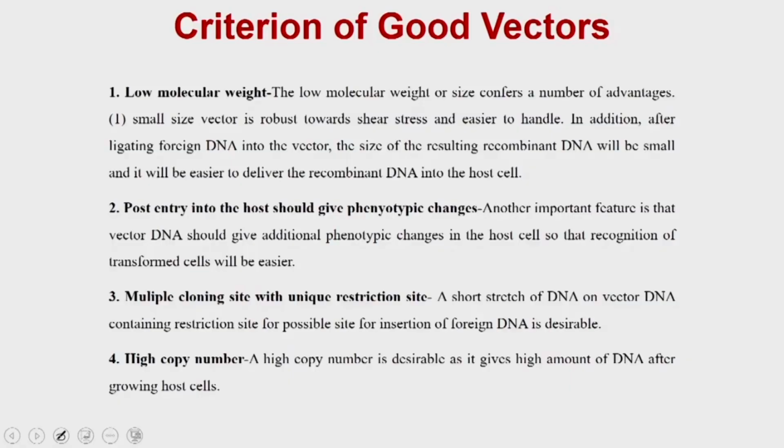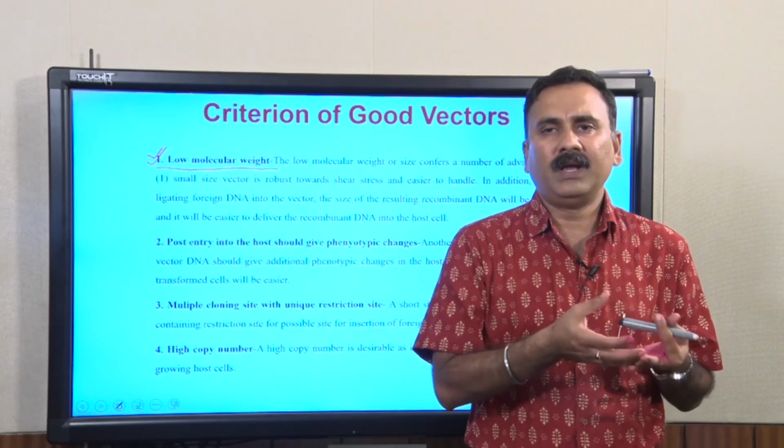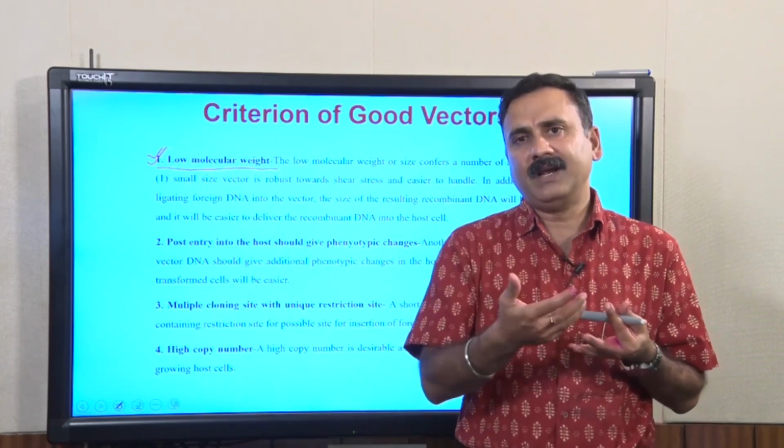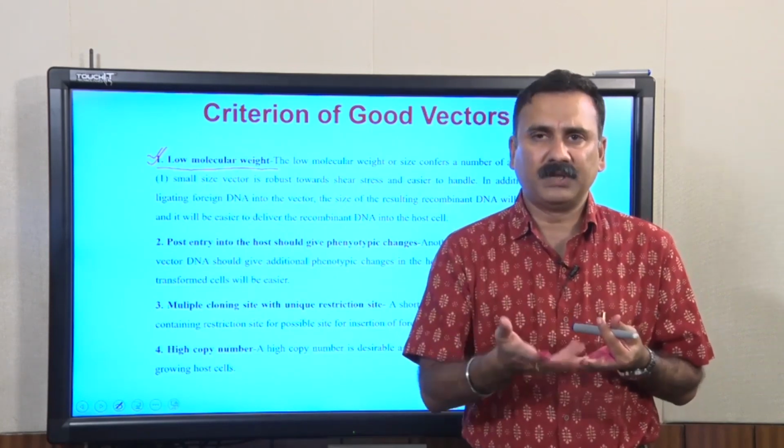Property number one is that a good vector should be of low molecular weight. You can easily understand this by the fact that a vector is nothing but a carrier which carries the DNA from one host to another host, where it provides this DNA for its expression.